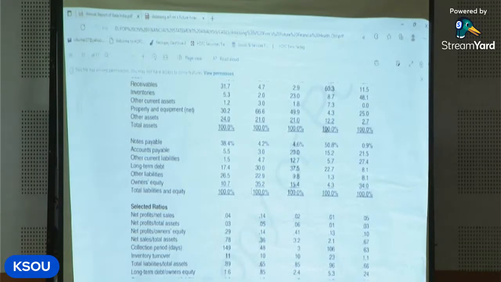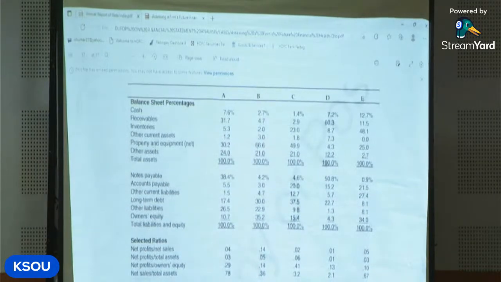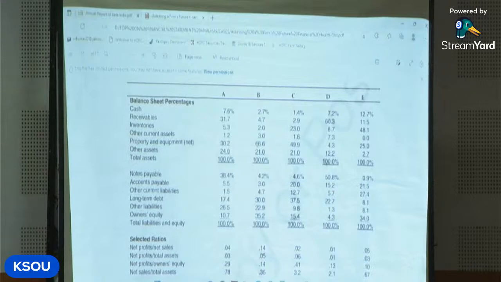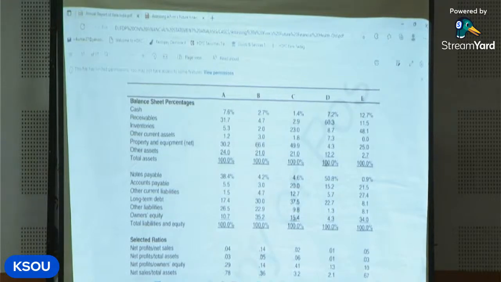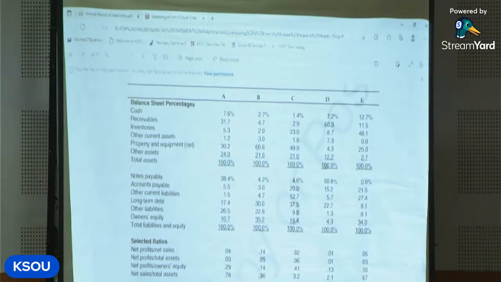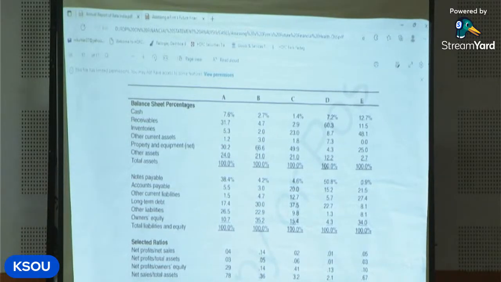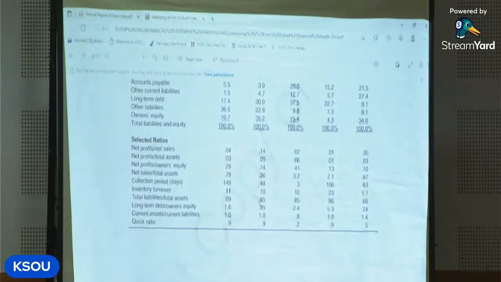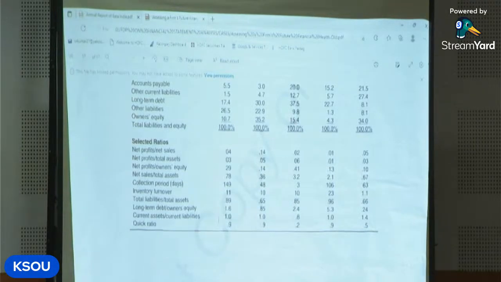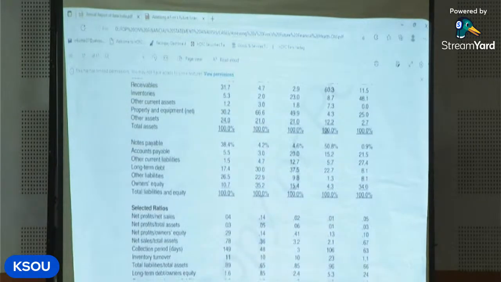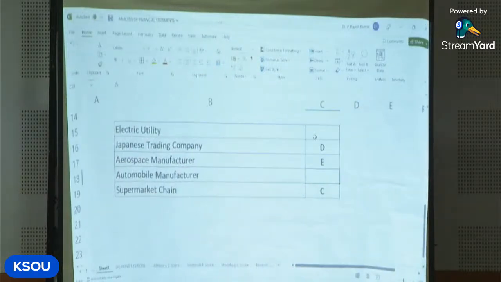And most important, investment in property, plant and equipment is very high for an electric utility. Huge machinery. So high investment in property, plant and equipment and a collection period of 48 days. So B is electric utility.